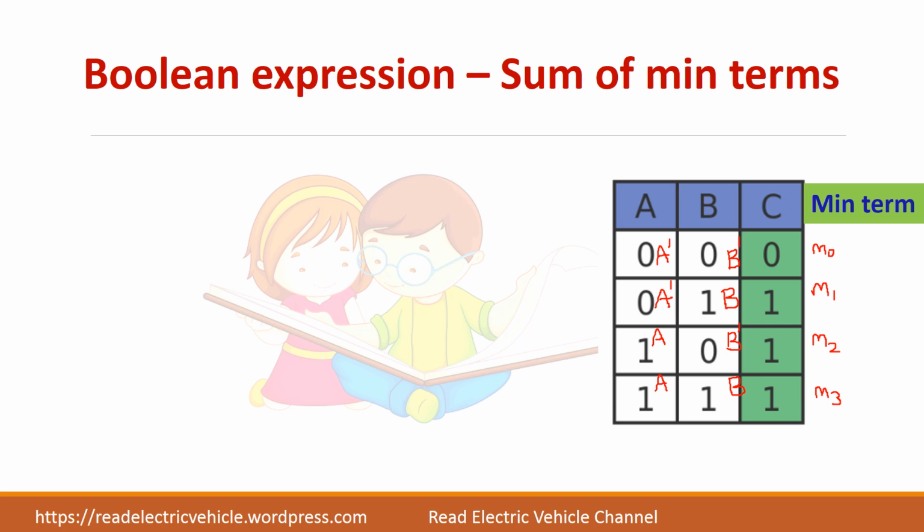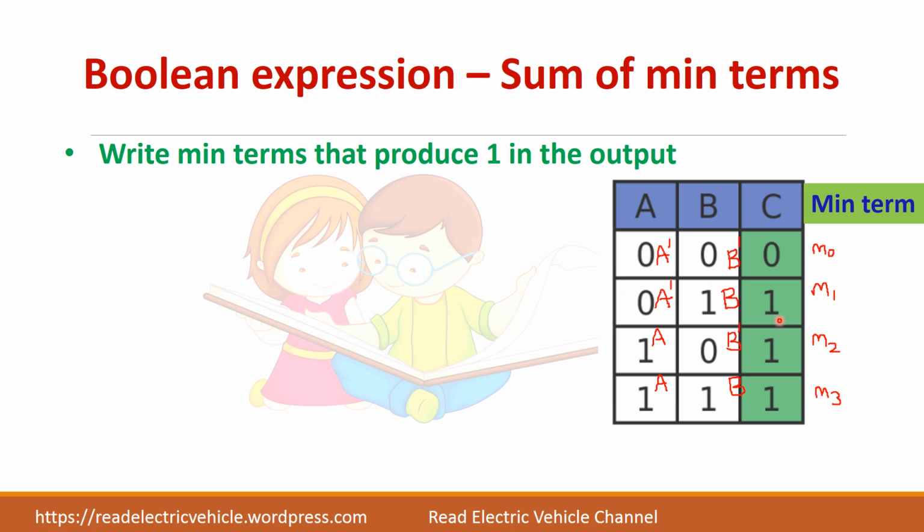Let us see how to express a Boolean function in terms of sum of minterms. We have seen for two variables, A and B are input variables and C is the output. For a two variable function, four minterms are there: m0, m1, m2 and m3.